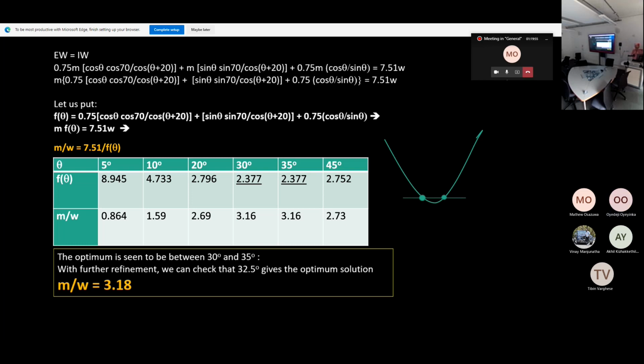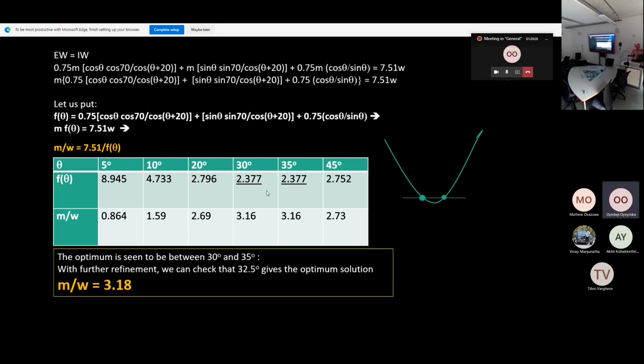Yeah, sorry? Based on the graph, does that mean that the optimal value is at the lowest value of the graph? Yes. So if you plot the graph of f theta versus theta, then what I'm saying is that between 30 and 35, the two values at 30 and 35 are equal.